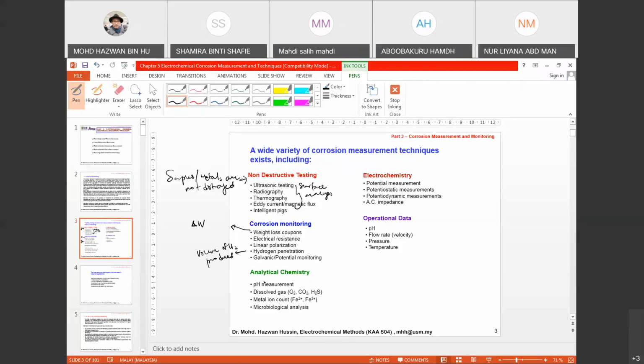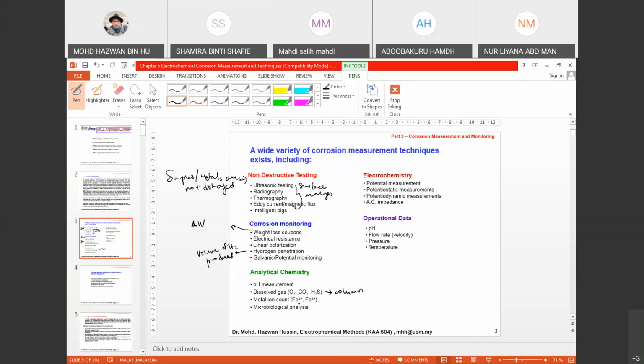We also have analytical methods, by measuring the pH of the electrolyte. We also can use analytical methods to quantify the presence of dissolved gases such as oxygen, carbon dioxide, and H2S. This, of course, is done by the use of an absorber or column.